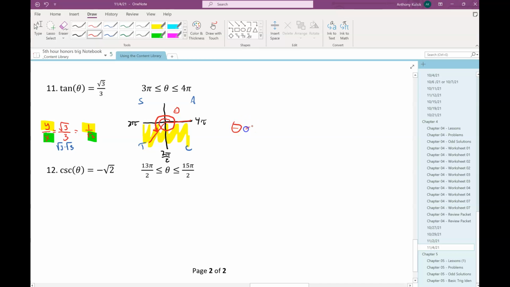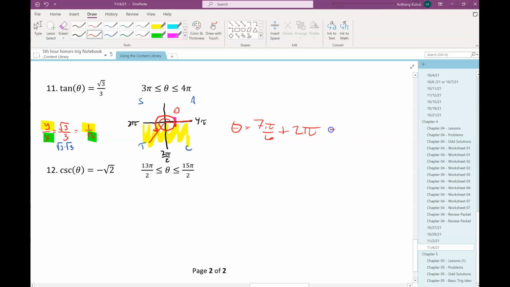But 7 pi over 6 is not our answer. Notice that when we drew our picture, we went around more than once. So since we went around one full time before we went to the terminal side, I know I should be adding 2 pi to this. Is that okay?